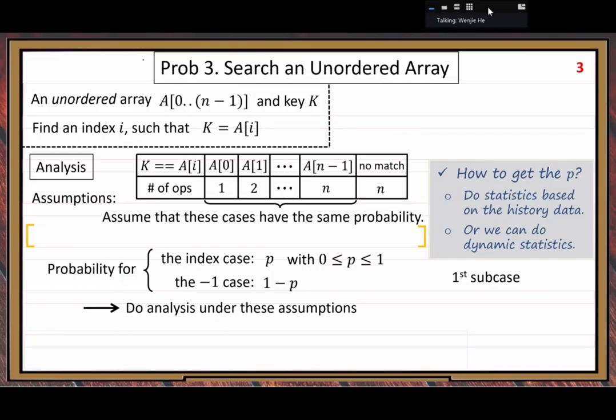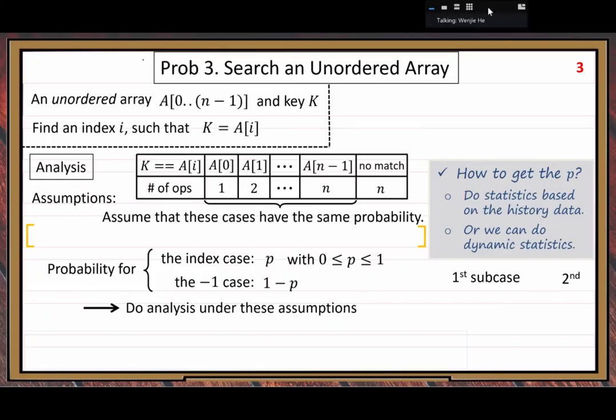Let's treat this index case, all the first n cases, as the first subcase, and the no match case as the second subcase. So we have two subcases.